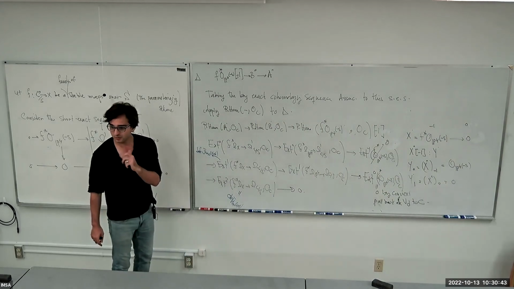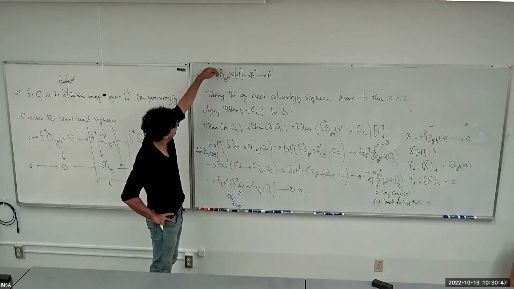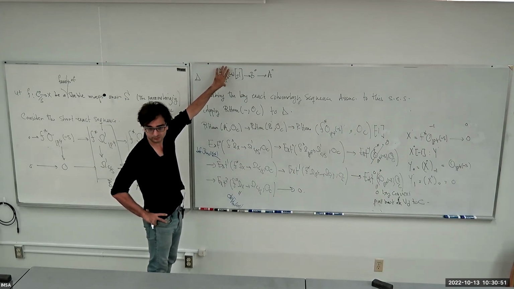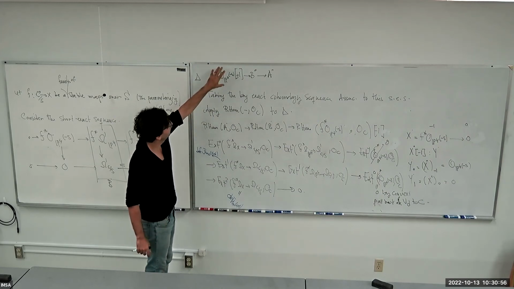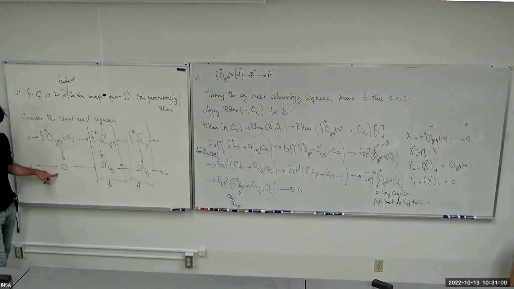So this is correct. Now I understand it. Think of this sheaf as a complex sitting in degree 0, right? Complex sitting in degree 0. Is this complex this complex? It's not. This is a complex which has that term sitting in degree minus 1.